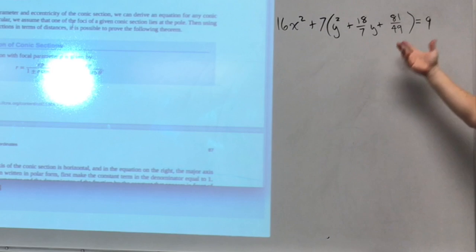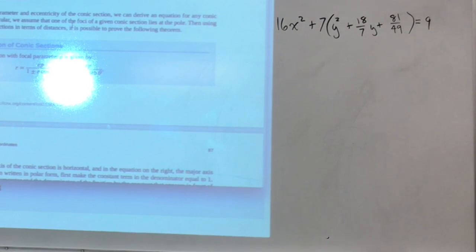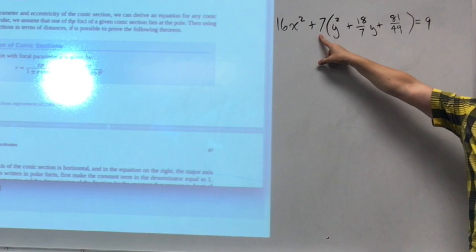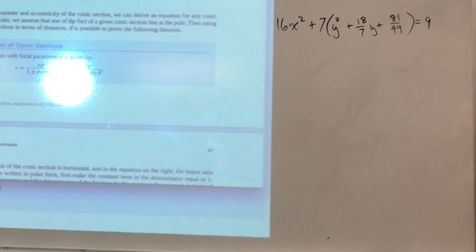Yeah, and that makes it a perfect square, but of course I can't just arbitrarily introduce a term on the left-hand side, right? It would no longer be an equation anymore. So what exactly did I just add to the left-hand side? 81/49 times 7. So I actually just added 7 times 81/49 to the left-hand side. So I need to add the same thing to the right-hand side.